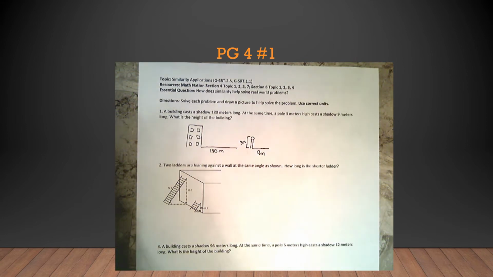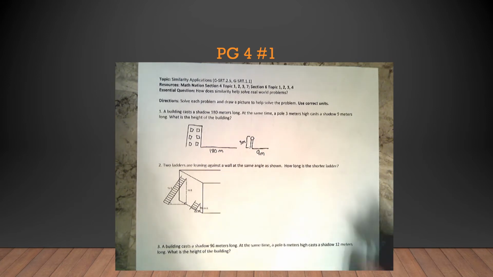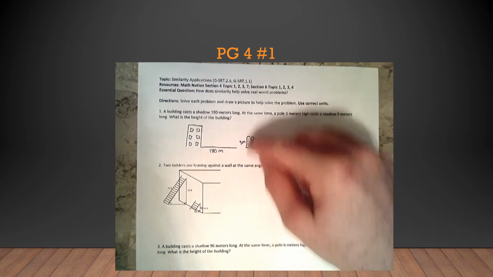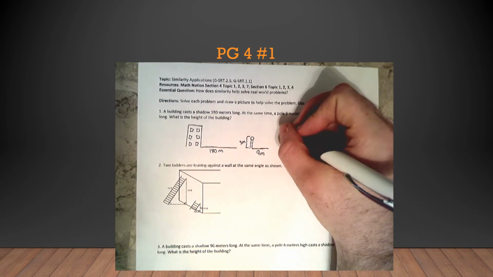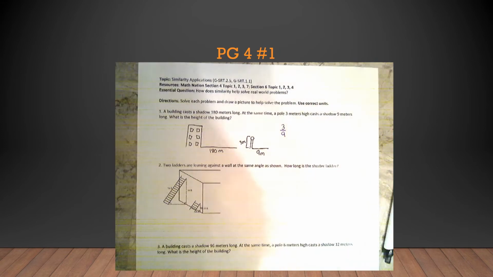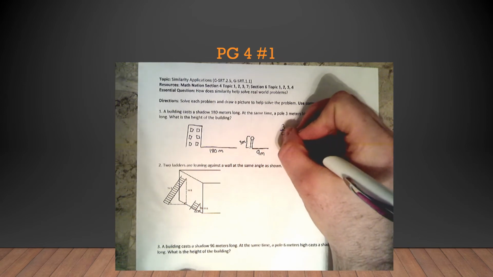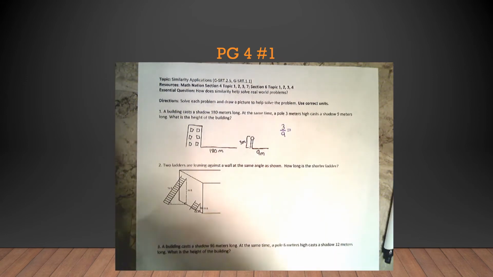So the ratio for the smaller one, this 3 meters high, 9 meters out for the shadow, is 3/9. Now, the bigger building, the one we're trying to find the height for, we don't know the height.